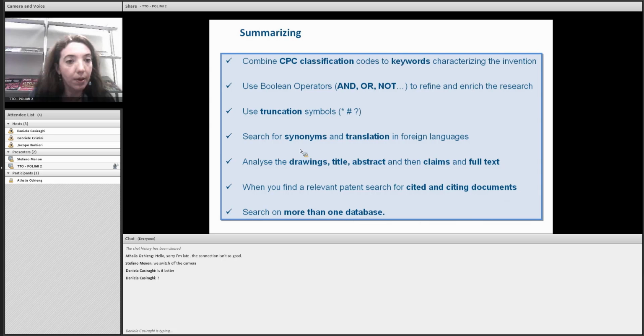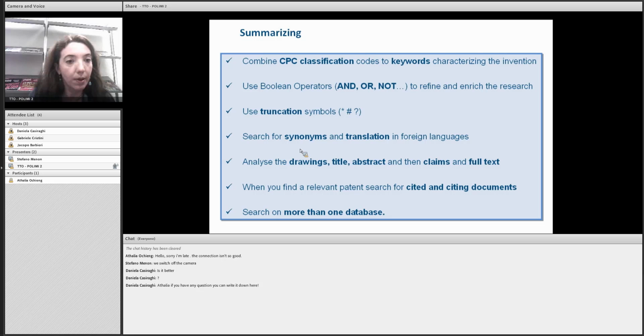Well, in conclusion, summarizing, to perform a good patent search, you have to combine CPC classification codes with keywords characterizing the invention. You have to use the Boolean operators and, or, not to refine the search, use the truncation symbols, and you can use synonyms or translations in foreign languages of my keywords.